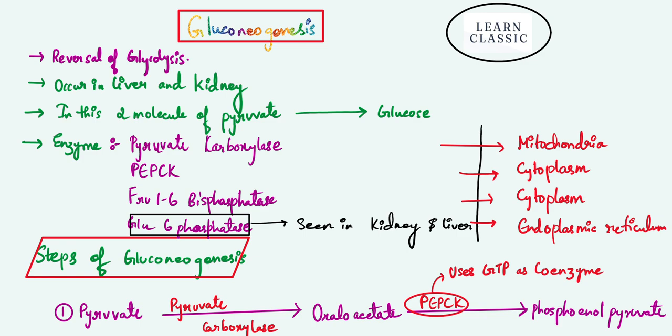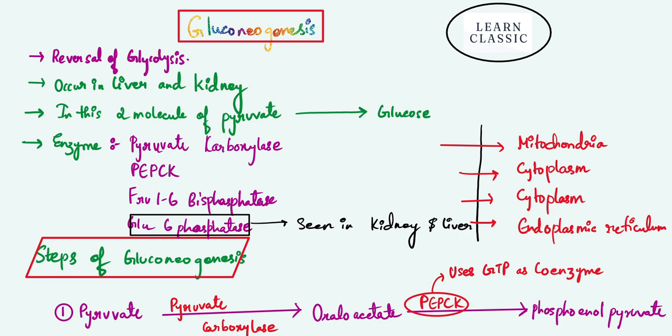What happens in this? Two pyruvate molecules turn into glucose. We have discussed in glycolysis where the glucose molecule turns into two pyruvate molecules, but gluconeogenesis is the reverse, in which two molecules of pyruvate give us one molecule of glucose.